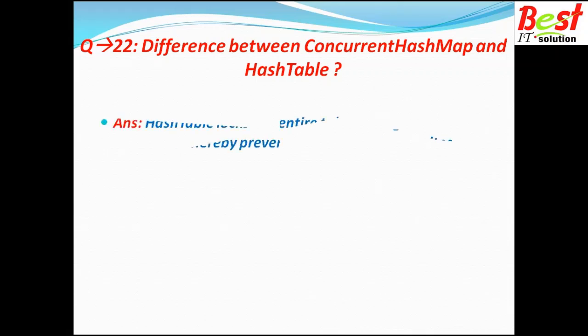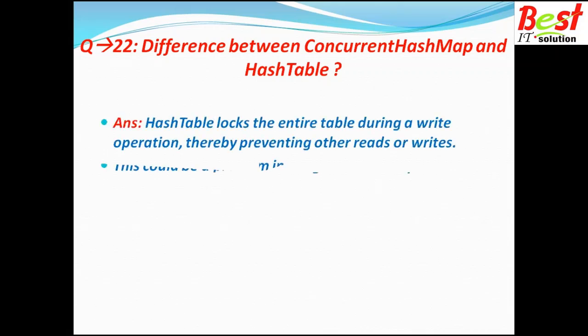Difference between ConcurrentHashMap and Hashtable. These two are very similar things. Hashtable locks the entire table during a write operation, thereby preventing other reads or writes.